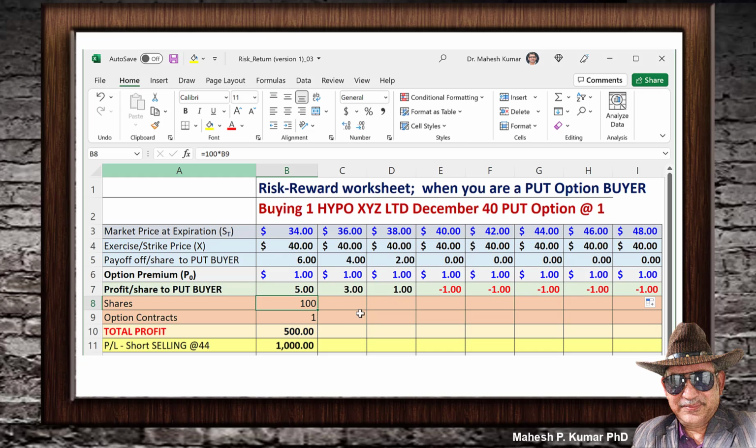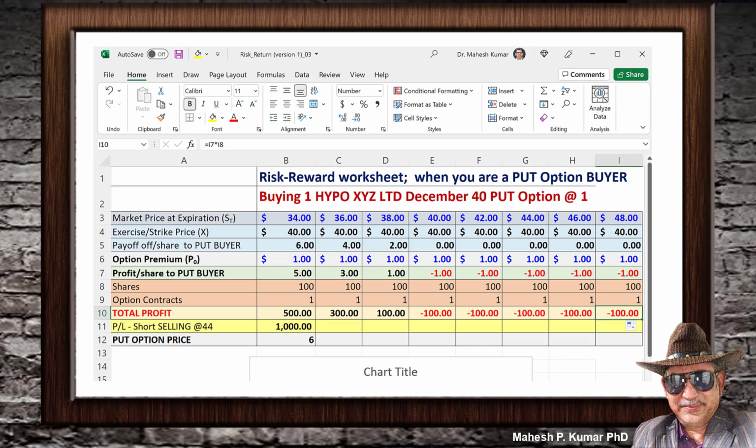Since 100 shares were involved, therefore, option contracts are 1, number of shares involved in the contract is 100, and then the total profit would be like this. So up to 38 you are making a positive profit, and when the price goes to 40, 42, 44, 46 and 48, you are having losses.